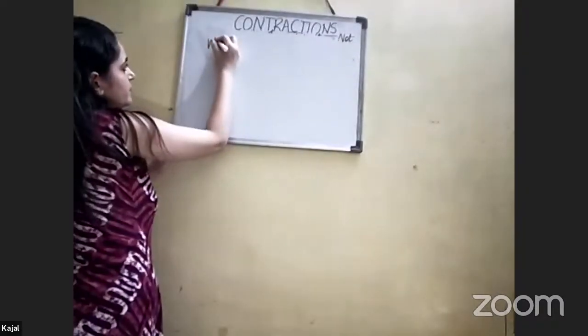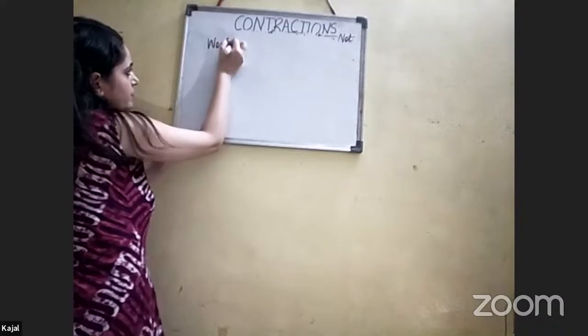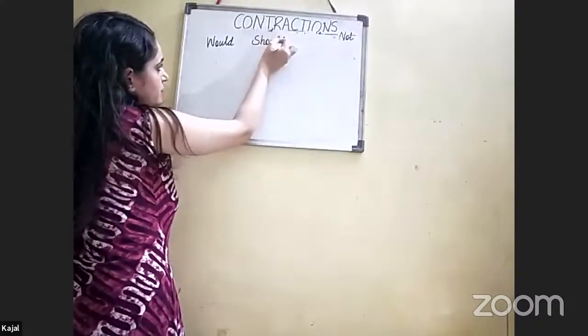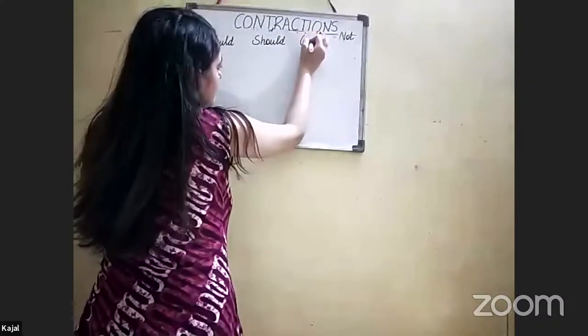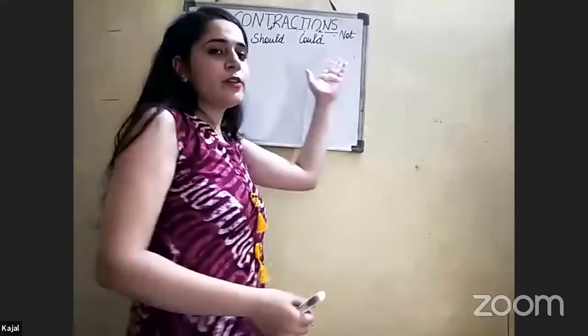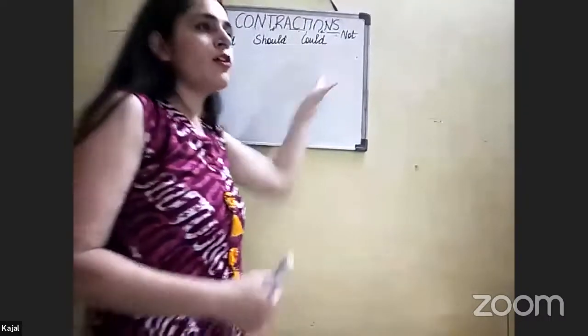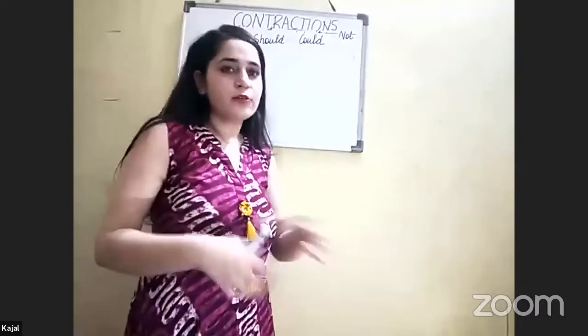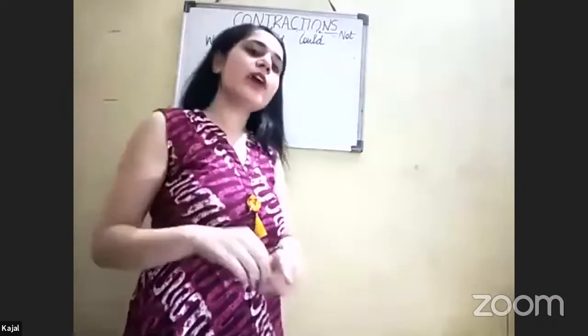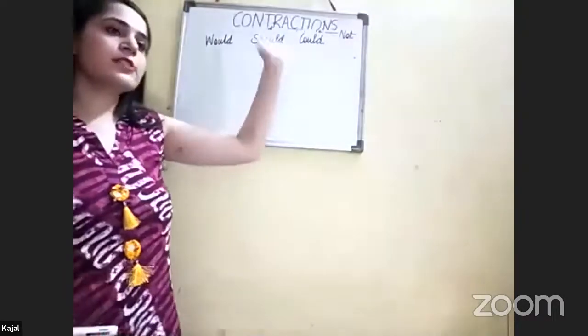Would, should, could. Okay. Should and could are used when we talk of some possibility of something that could happen. Like I can say, I could do that, I could have done that. So these are possibilities of the past.